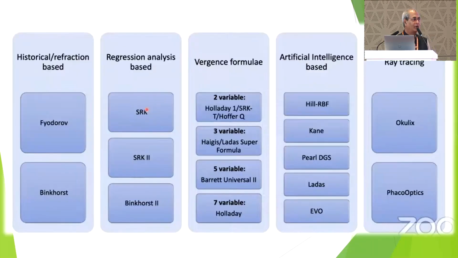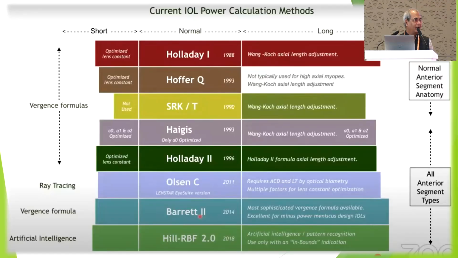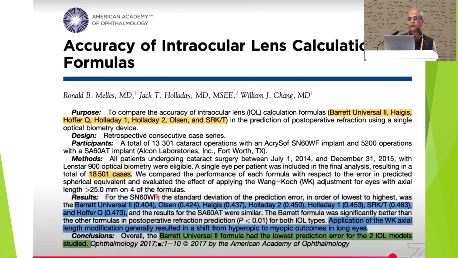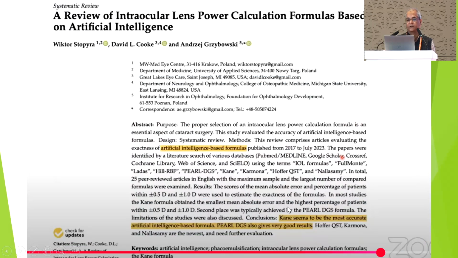Now formulas we already know. In every presentation we see that for normal cases all the formulas are good, but in extreme cases the Barrett, Olsen, and nowadays the latest formula, Hill RBF, are better. Barrett's formula in this study was shown to be better than the others when they were comparing the IQ Alcon lenses.